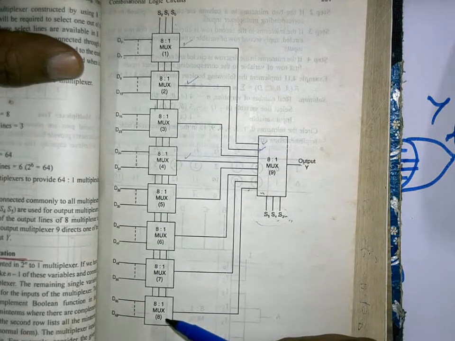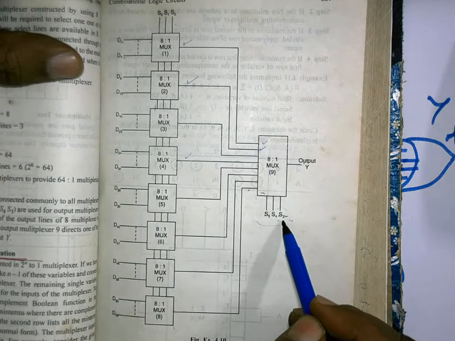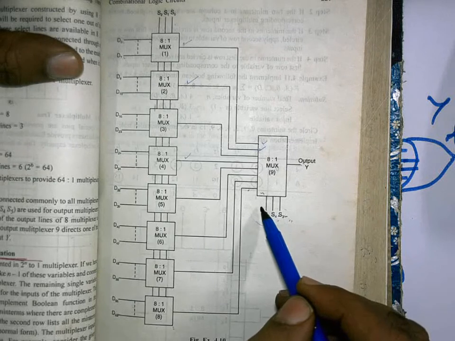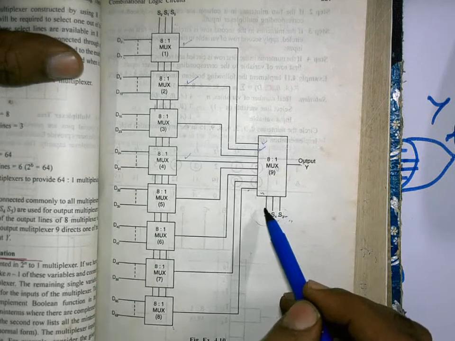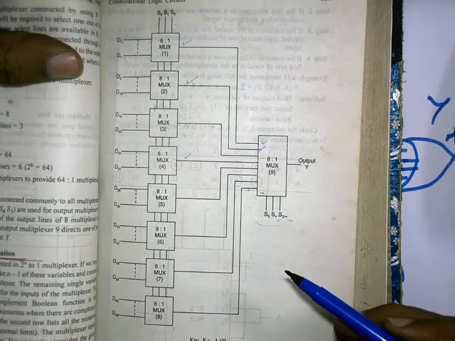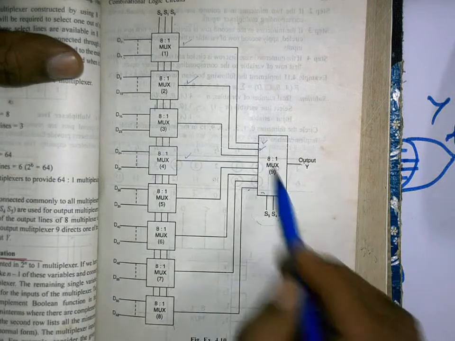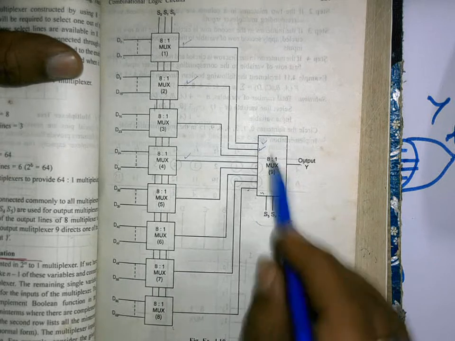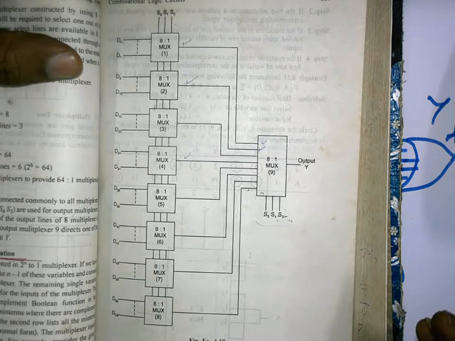Okay. And the rest of the 3 lines appear at another 8:1 mux. You see this ingenious way to make the multiplexer tree. The output of each of these 8 multiplexers is then fed to the input of another 8:1 multiplexer.